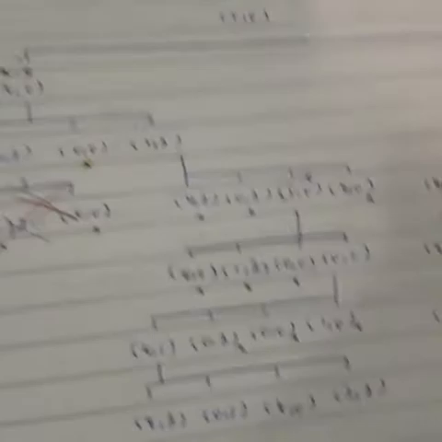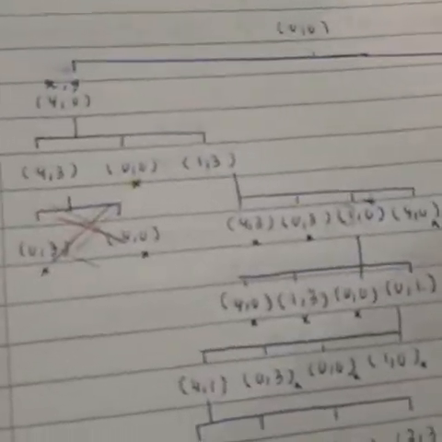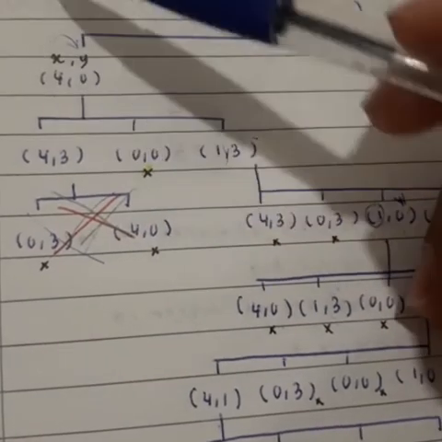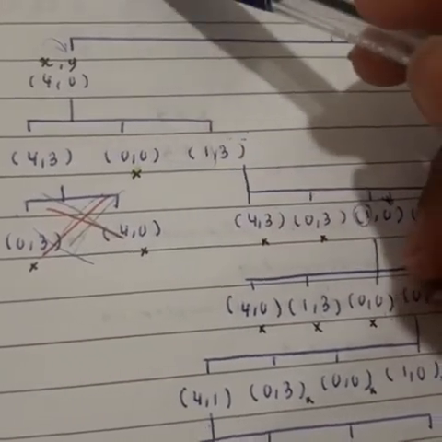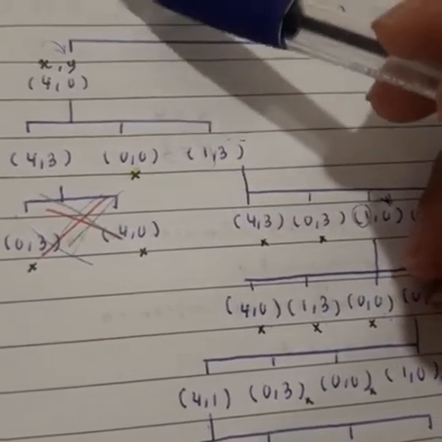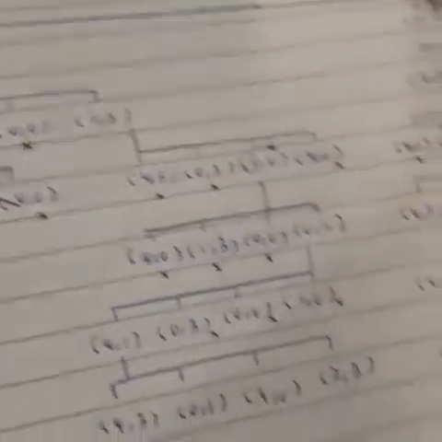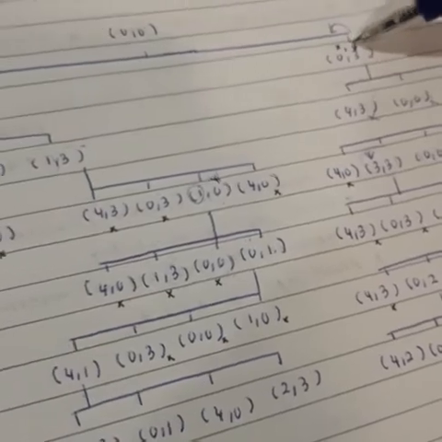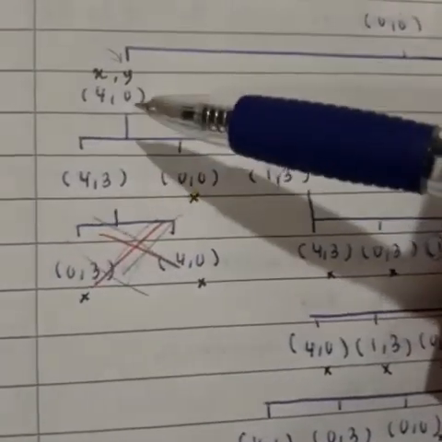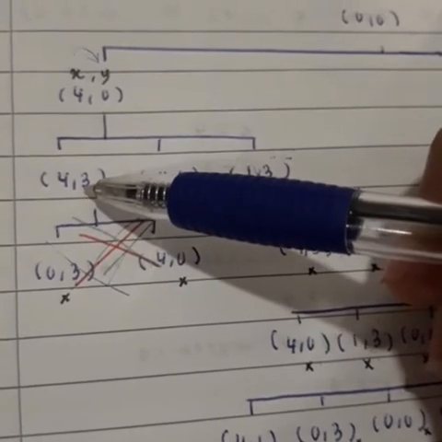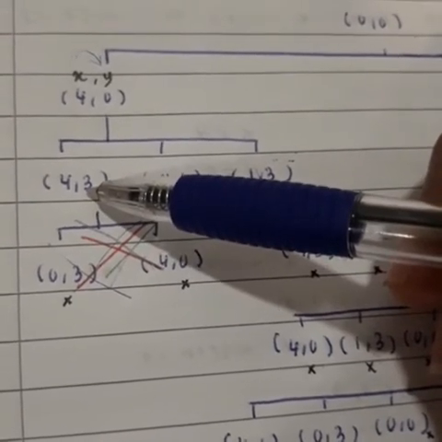Now, we start at 0, 0, right? So we know that the maximum value for x is 4 and the maximum value for y is 3. That is why we have 4, 0 here and 0, 3 here. First we need to fill the water jug until it reaches the maximum value.